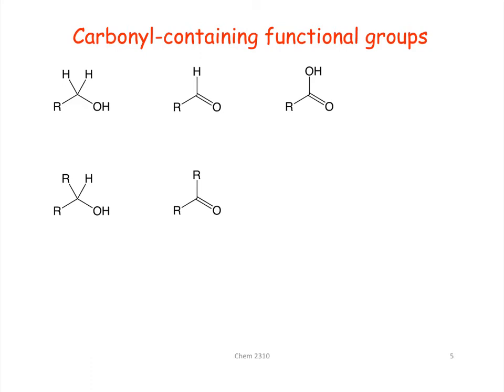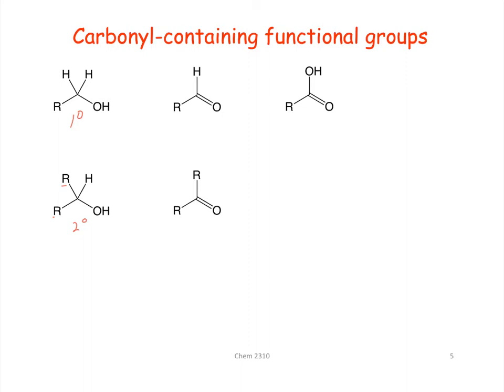So let's look at these alcohols on the left. Alright, so remember we can classify alcohols based upon how many carbons are attached to the carbon bearing the OH. Alright, so we'd call this a primary alcohol. This one has two R groups, two carbons. This would be called a secondary alcohol.